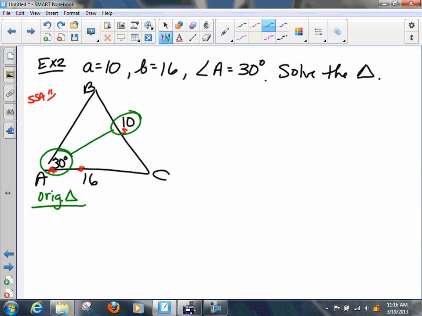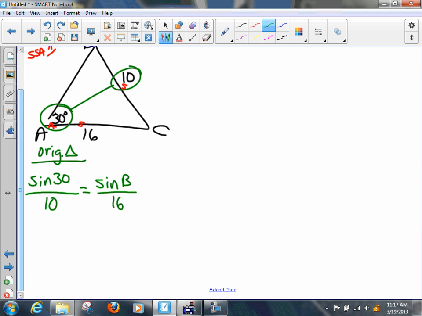The original triangle. Folks, this is just like we've always done, okay? We're doing the same thing. Sine of 30 over who? 10. And because of the information given, it's forcing us to find which angle first. Sine of B over who? 16.